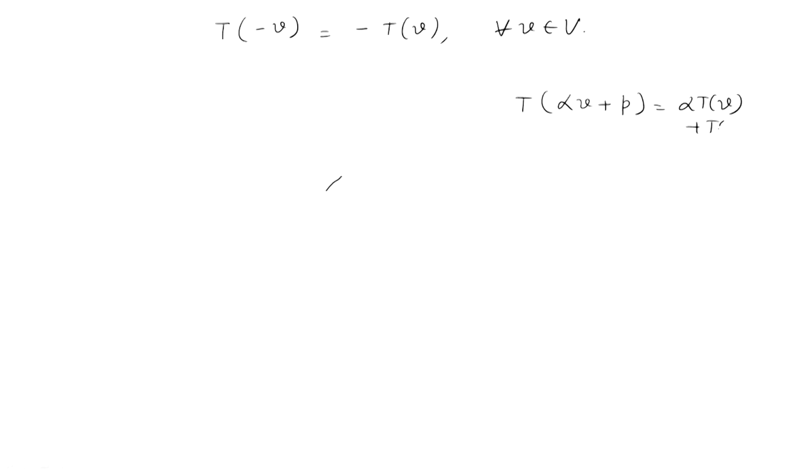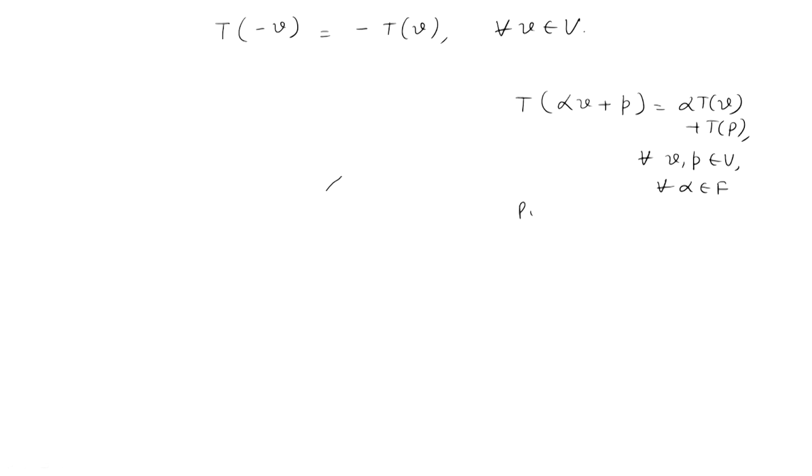We have to show that T of minus V is equal to minus of T V for every V in V. Now, we know that if it is a linear transformation, then T of alpha V plus P will be equal to alpha T V plus T P for all V and P belonging to vector space V and for all alpha belonging to the field. This we already know.